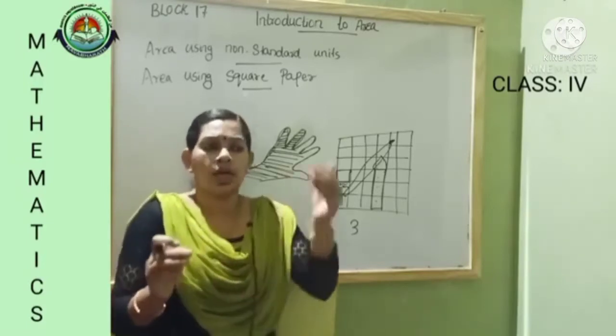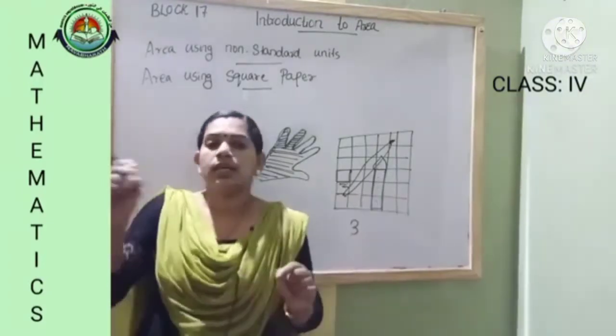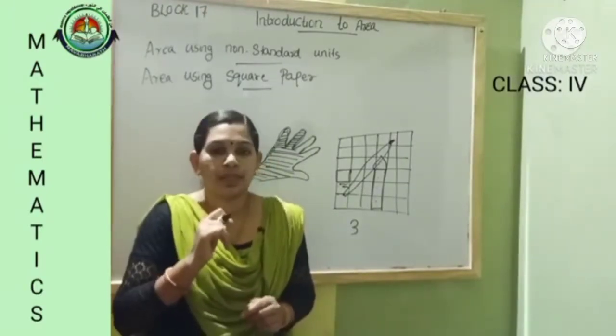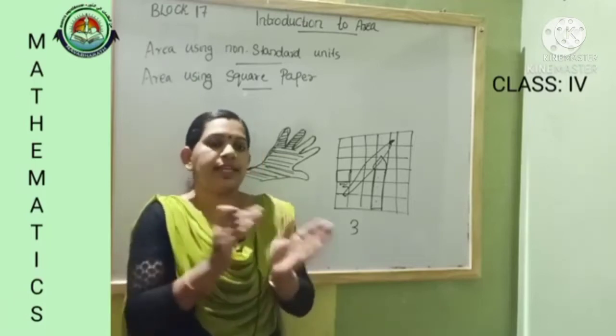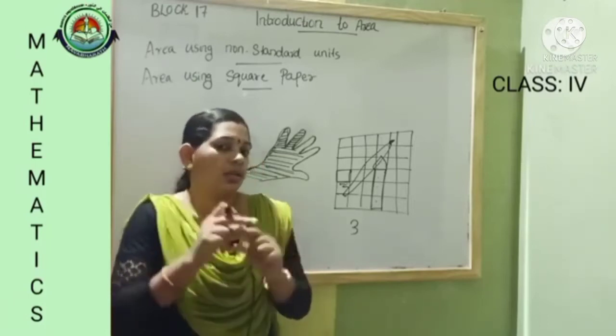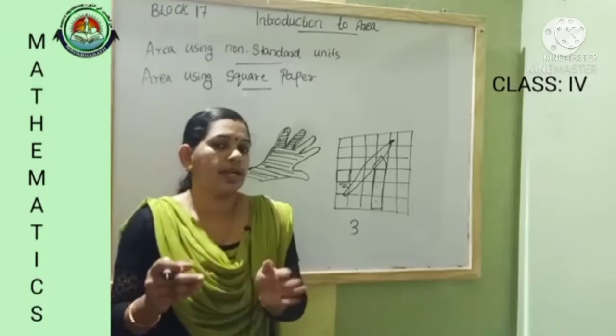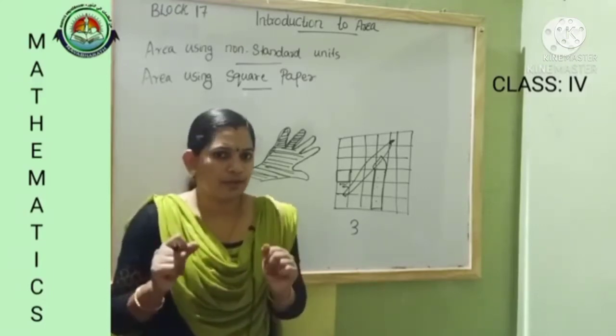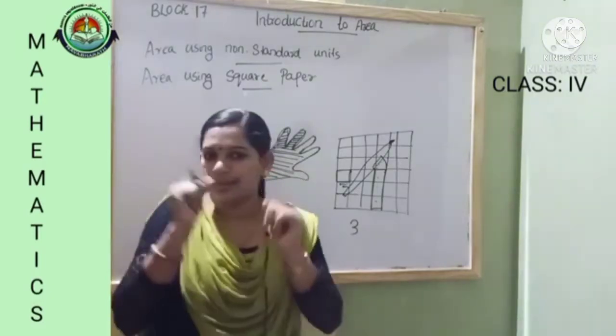When we are counting the small squares, some figures are enclosed in less than half a square. In those cases, we take less than half squares as 1 square. If you have confusion, I will draw the figure and count it.